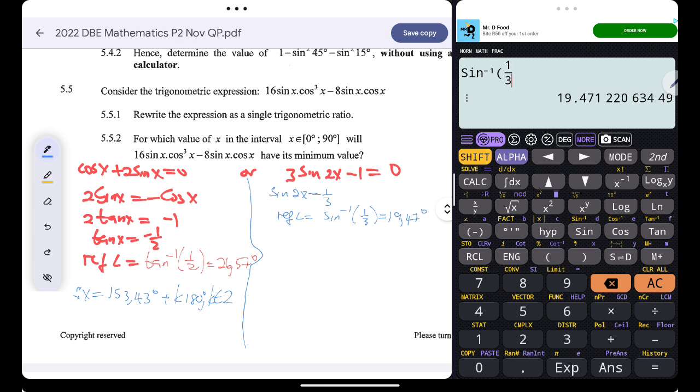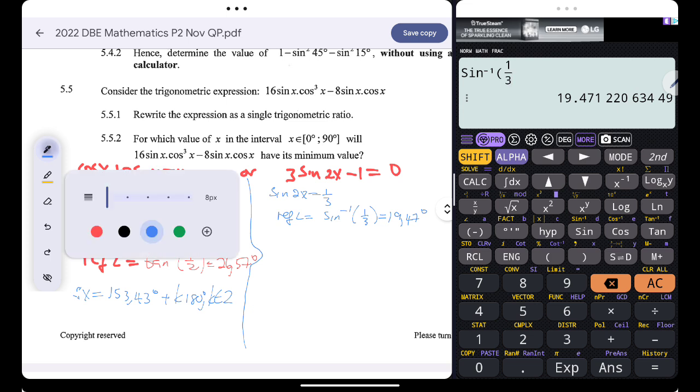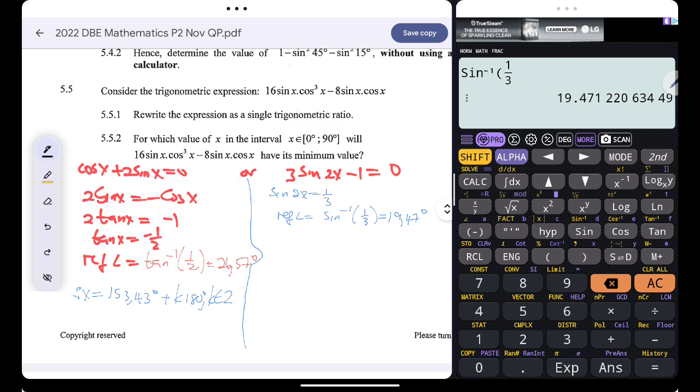Then my duty is to express the 19.47 where sine is positive. And I know that sine is only positive in the first and second quadrant. So this simply means I will have 2x in the first quadrant. We just write angles as they are, plus k 360.